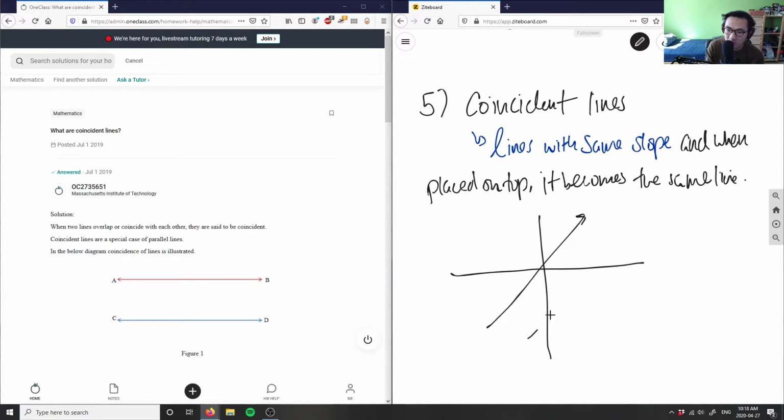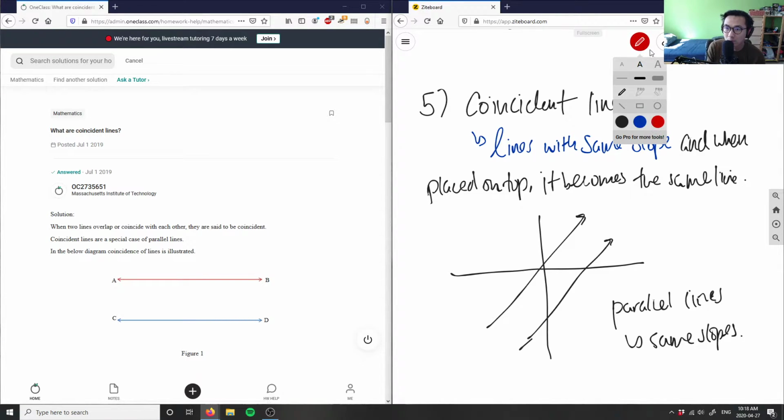I have one line here and one line here as well. These two are parallel lines, so they have the exact same slope. But if I were to place this on top of this line here, I would get the exact same line. I would get a coincident line here as well. So in this case, these would be coincident lines.